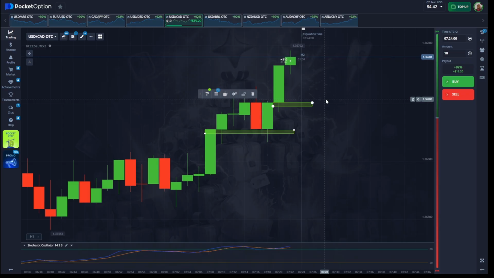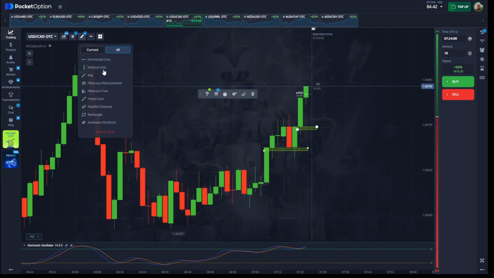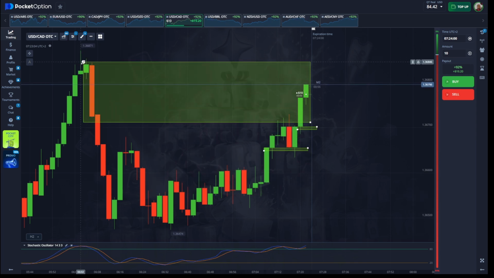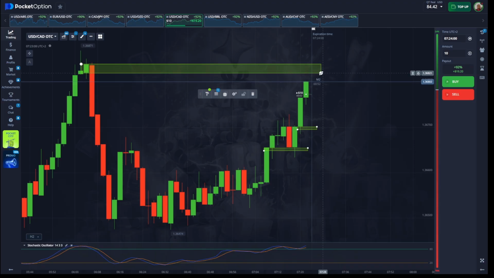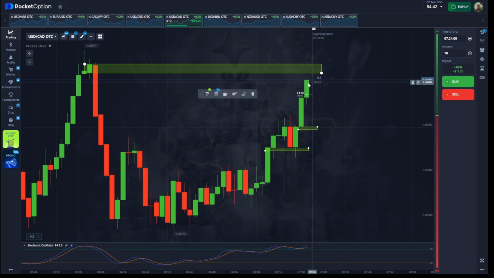But this is forex. This is the forex market. Anything can happen. So what I'm expecting is that anytime you have a demand or supply area, they also act as a magnet that attracts candles. It means that price wants to get there before changing direction.